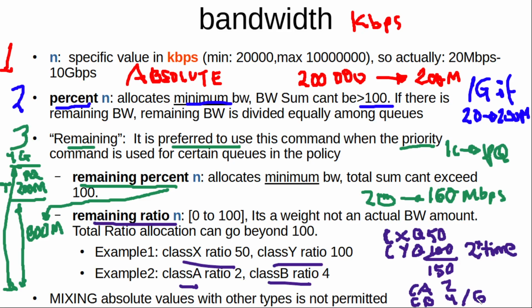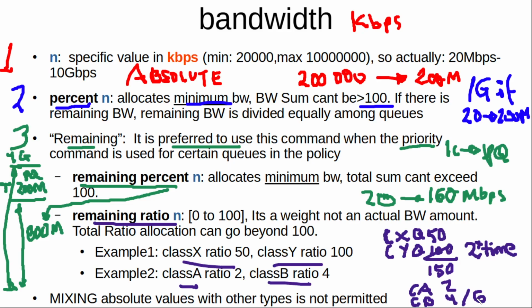They are just weights. And we are also saying that in this case class B will get assigned twice the time for pulling packets out of the queue as the time that gets assigned to the queue that belongs to class A. We can roughly say that this means that class B will get twice the bandwidth as class A.